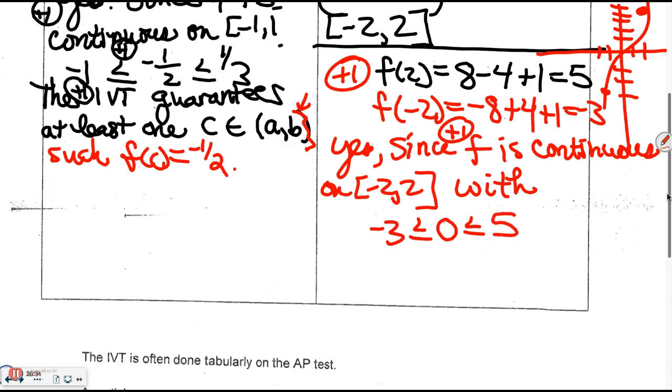Now, if this had been a 2 and a 5, we're not guaranteed a 0. It could be, but I'm not guaranteed it, because I don't know, okay? So there's another point. What did I say the 4th one comes from? Yes, since f is continuous on the interval, with 0 falling between my 2 endpoints, what's the 4th point?